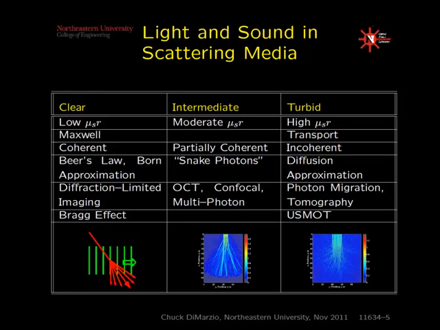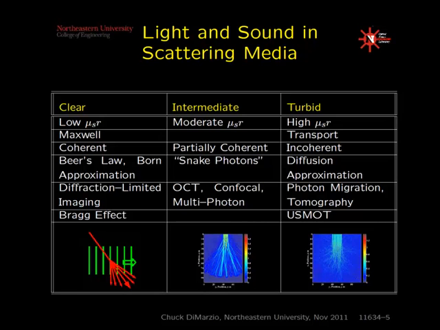At the far end here, in a highly turbid medium, we can't really use Maxwell's equations effectively. We use radiative transport, which is an incoherent description of light. We use the workhorse equation, the diffusion approximation, and we do imaging in terms of photon migration, diffusive optical tomography, photon density waves, and so forth.